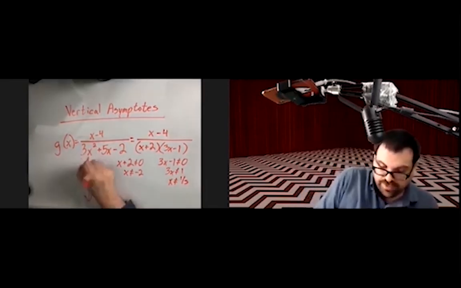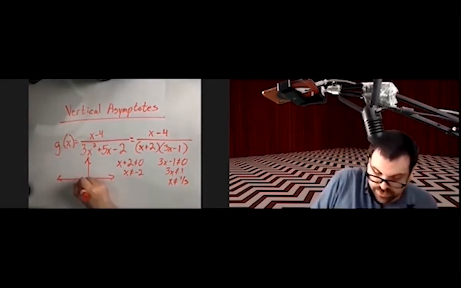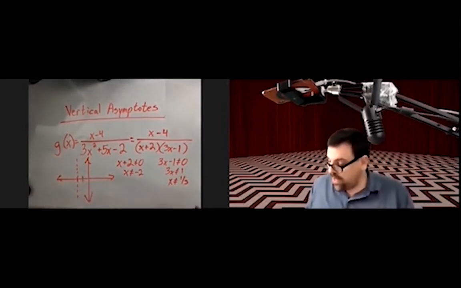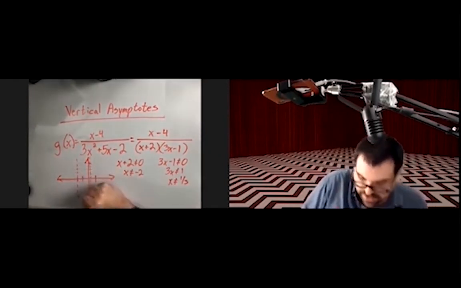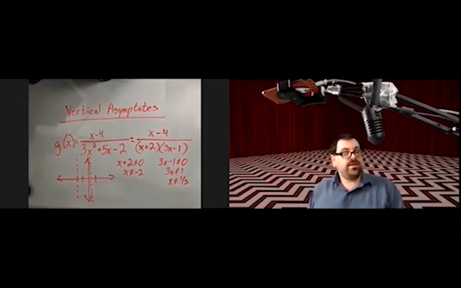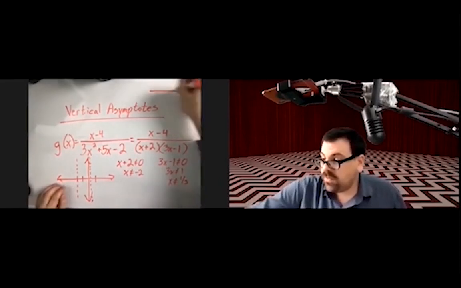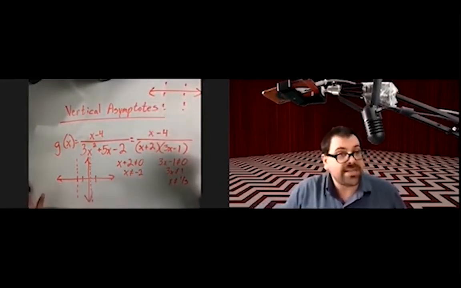On the graph, at negative 2, there would be a dotted vertical line. On the graph, at positive 1/3, there would be a dotted vertical line. 2 vertical asymptotes, what? Now, I'm not going to draw this exact one, but yeah, we can have 2 vertical asymptotes.